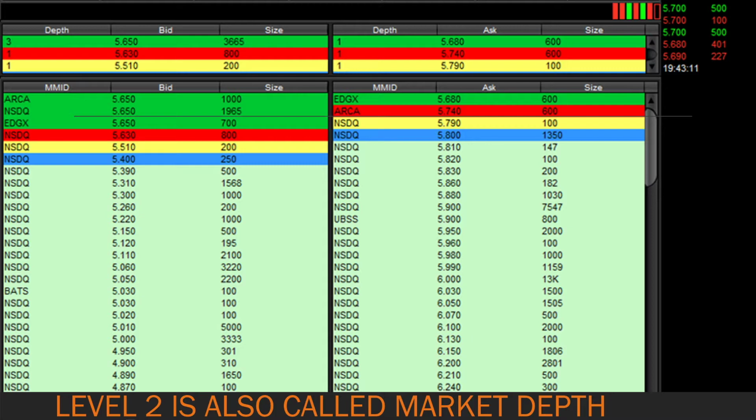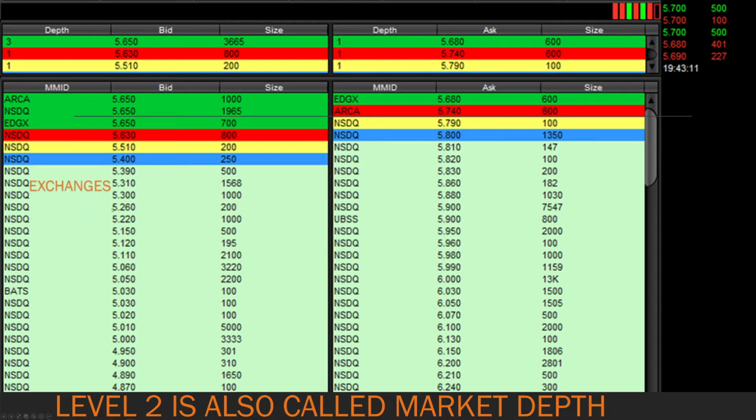Now, why is it called market depth, guys? It's called market depth because you can see more than the inside bid and the inside ask. Level 1 only shows you the inside bid and ask. So if you ever log into your phone and try looking at a stock, you're only going to see the best bid and the best ask.